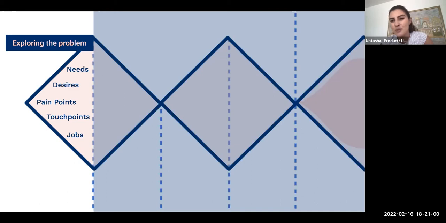And in this phase, what we do is we open up, right? We open up the first diamond, we explore, we look into understanding what the needs are, desires, and of course, there are differences here. And I think this is where the fun starts, right? We're exploring, let's say, a specific topic at hand, how patients interact and manage their health.